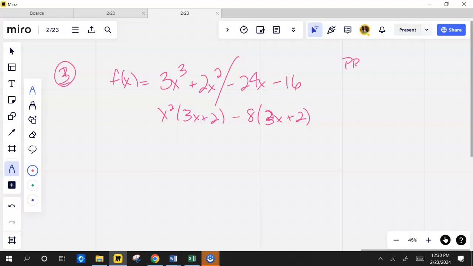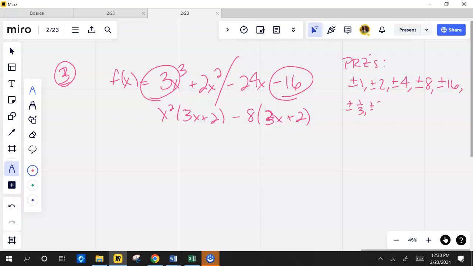The PRZs, that's nothing. That's just factors of the constant divided by factors of the leading coefficient. So that'd be, okay, 1, 2, 4, 8, 16. And then I take all of those and divide by 3. It's not a square root.